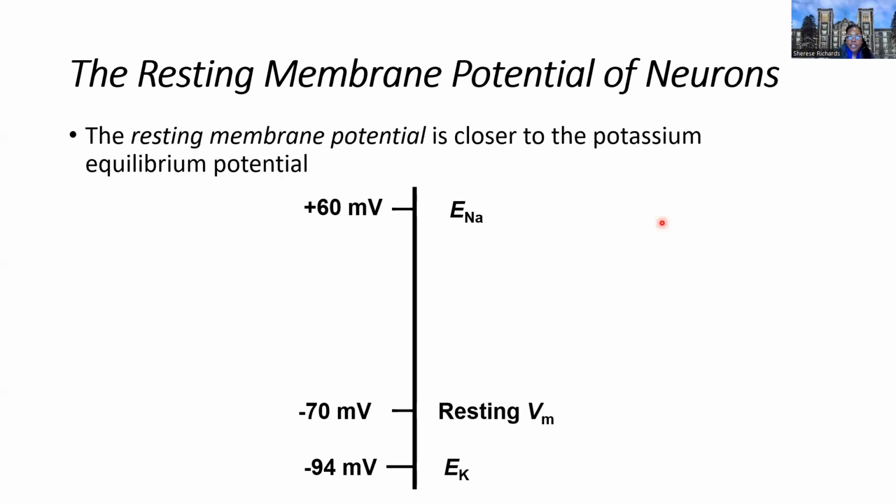Now we can begin to look at this from different perspectives and think about the equilibrium potential for both of our ions and how those two numbers compare to the resting membrane potential. So sodium has an equilibrium potential of positive 60 millivolts, which is, first of all, more positive, right? Second of all, it's really far away from the resting membrane potential.